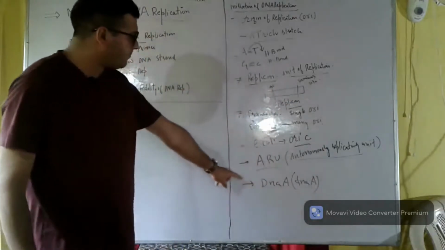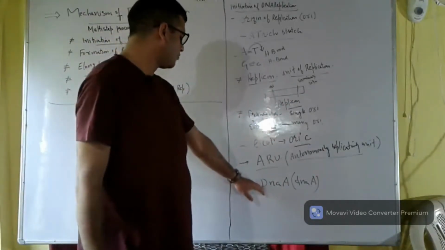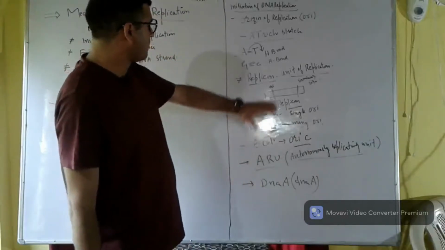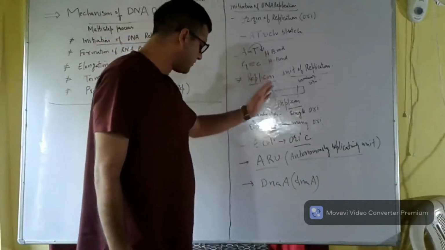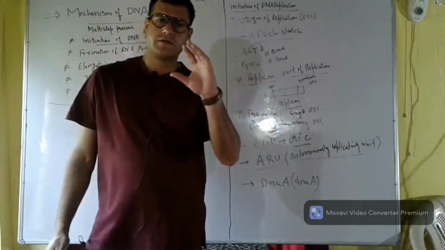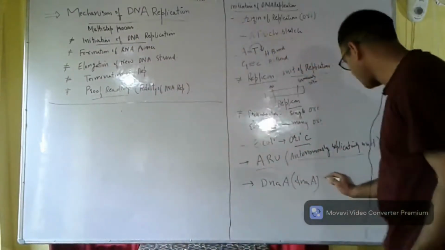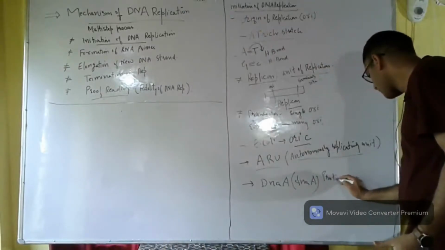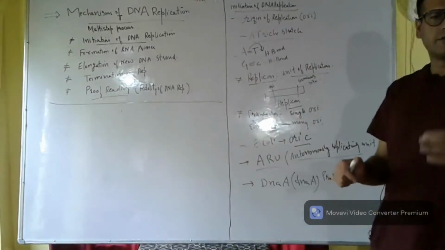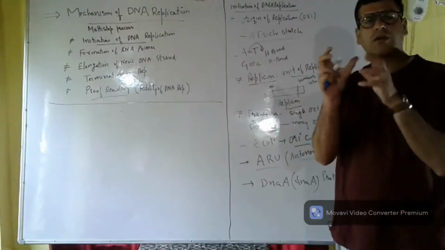This DnaA protein binds to the origin of replication, and when it binds to the origin of replication in prokaryotes, it causes local unwinding.